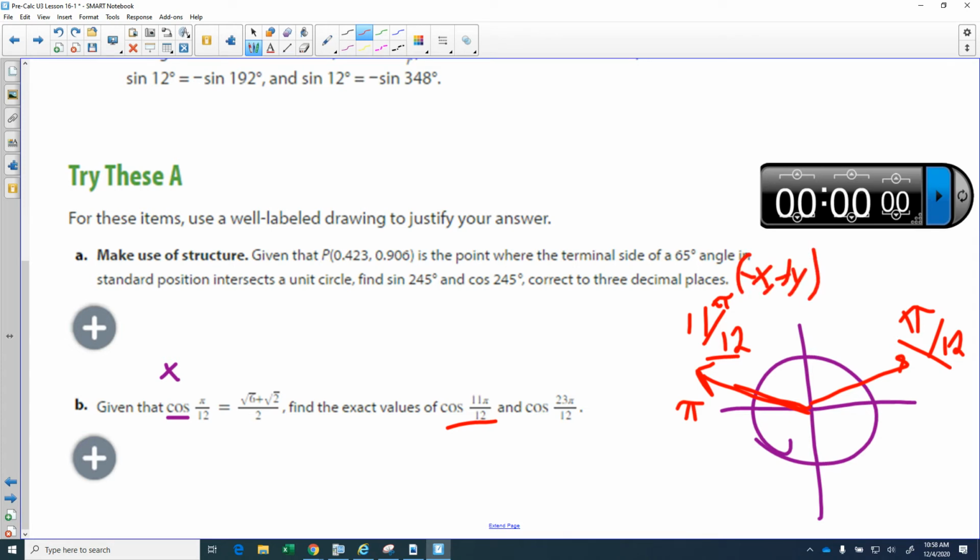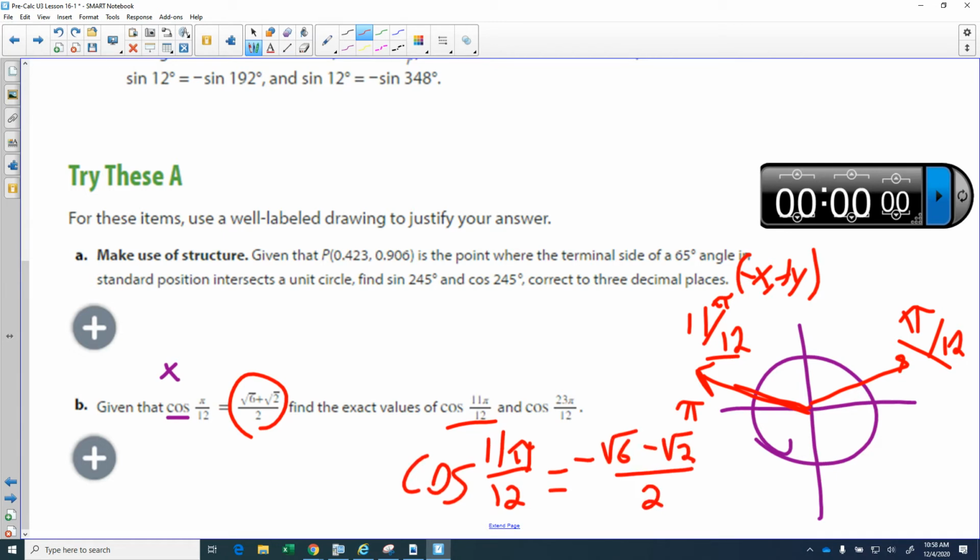Well, because I'm dealing with cosine, which is strictly going to be x values, I can look at this answer and basically say, okay, well, the cosine of 11 pi over 12 has to equal negative square root of 6 plus square root of 2 over 2. Because it has to be in the negative quadrant or the negative area of that value. Okay? So all I'm doing is flipping the signs of each of those.